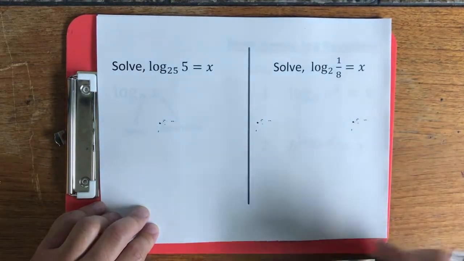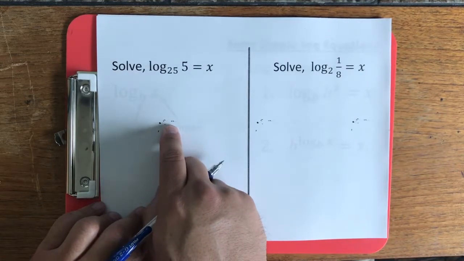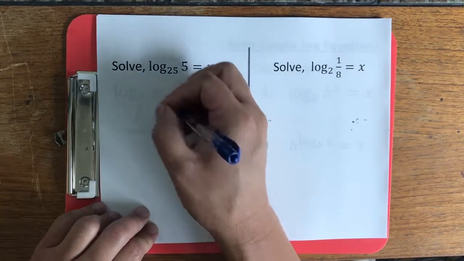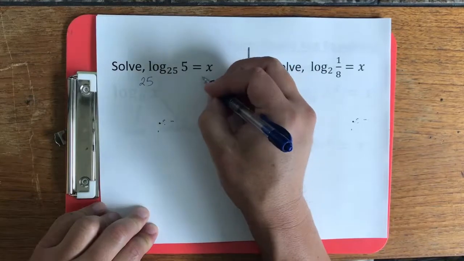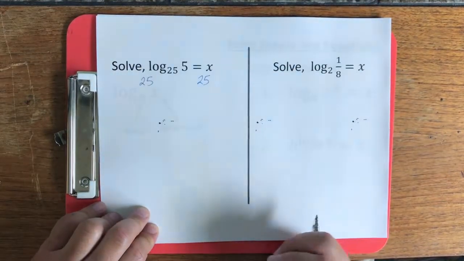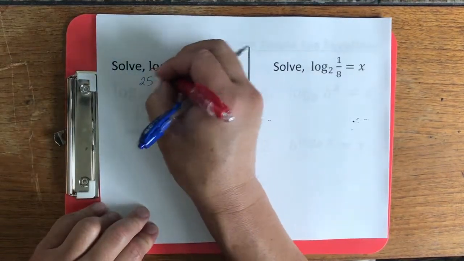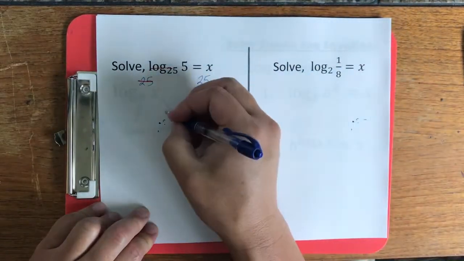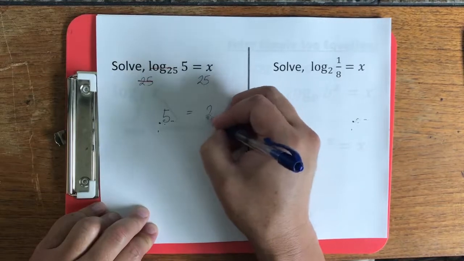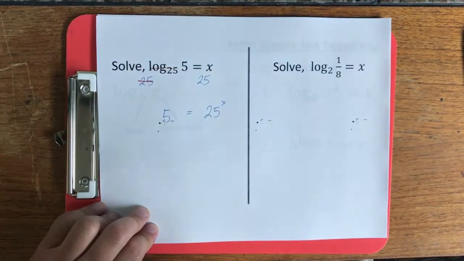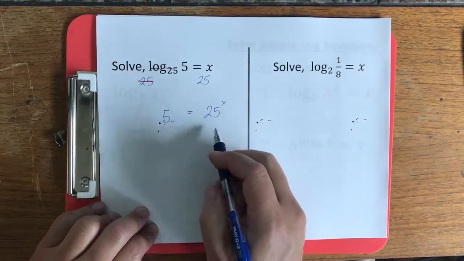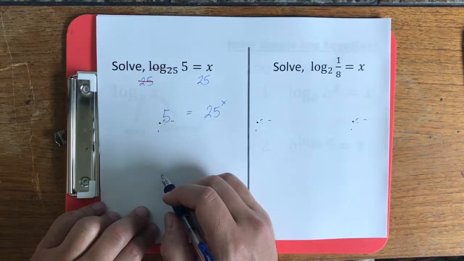Now, let's do the same thing on this problem over here. I'm going to apply the base, 25, to both sides. Since this base and that base are equal, they cancel each other out. And I want both sides to have the base of 5.